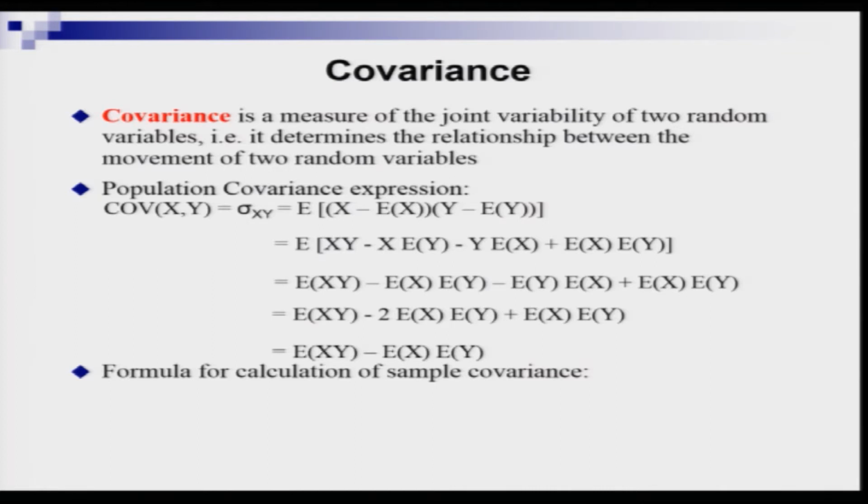The first line of this cov x y expression actually gives you that. When you multiply two random variables x times y, the product is also a random variable, so you can definitely take expectation of that variable. That is why I can write expectation of x times y, and then expectation of y, once calculated, is a constant.